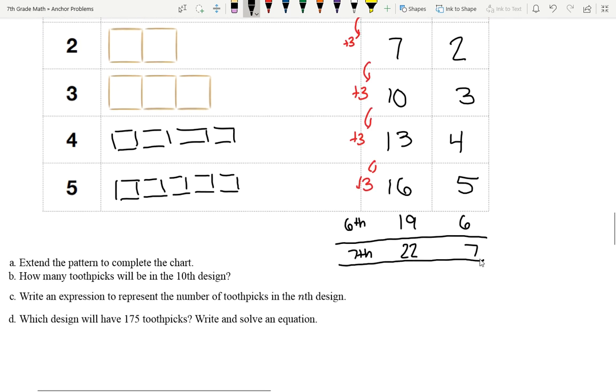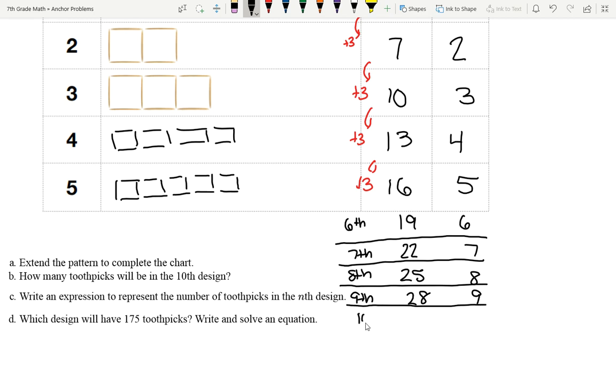Well, for the 8th, you're adding 3 to get to 25, and that was 8 squares. The 9th, add 3, you get 28 for 9 squares. And what we're looking for here, the toothpicks, if we add 3 more toothpicks, we're going to get 31 for our 10 squares.